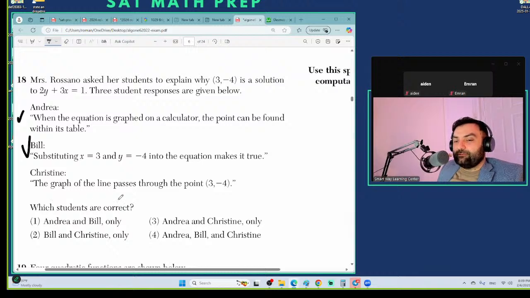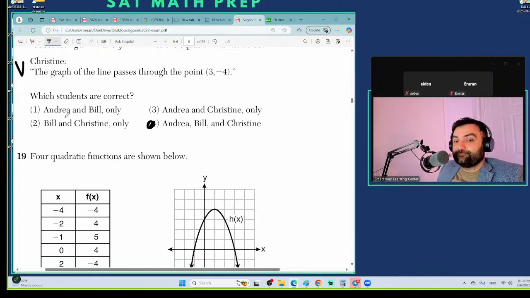The graph of the line passes through the point (3, -4). Yes, that's also legit. Those are all okay explanations. In this case, they're all working.